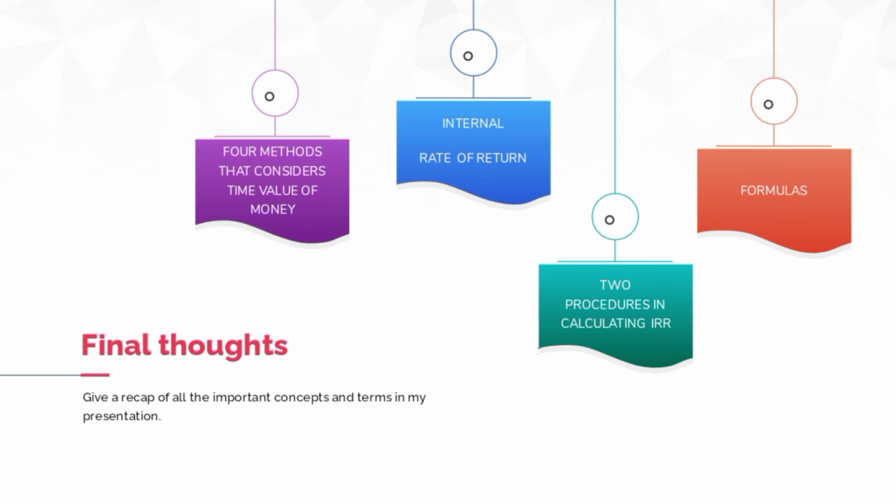For uniform inflows, internal rate of return is equal to lower rate plus higher rate minus lower rate, multiplied by present value factor of lower rate minus present value factor of discounted cash flow rate of return, over present value factor of lower rate minus present value factor of higher rate. And for non-uniform inflows, IRR is equal to lower rate plus higher rate minus lower rate, multiplied by net present value lower rate minus 0, over net present value lower rate minus net present value higher rate.